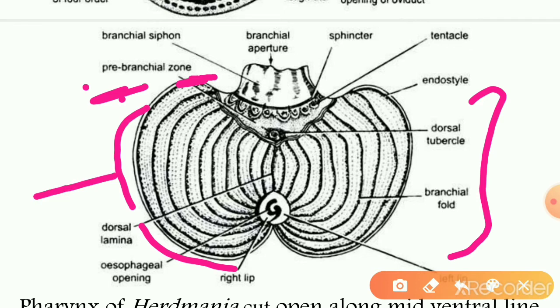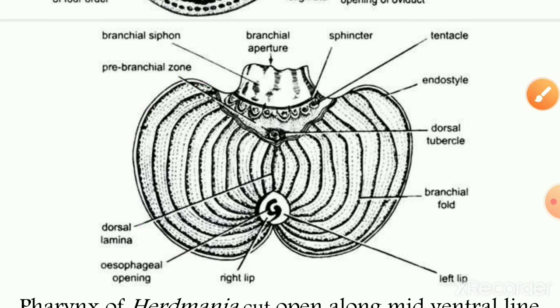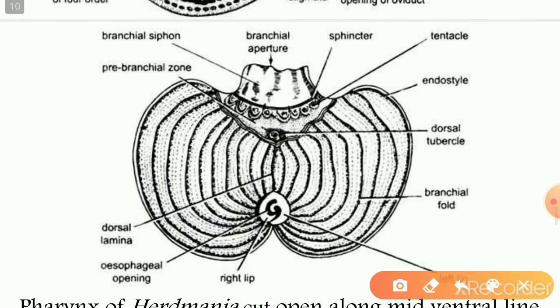This prebranchial zone is the smaller anterior region of the pharynx.